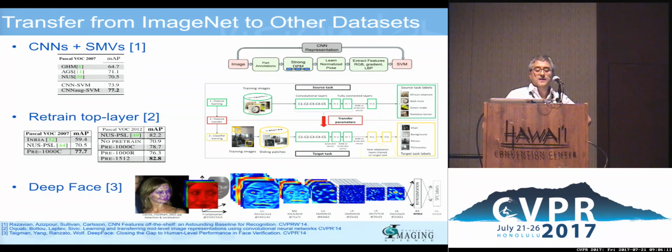So what you can see on the top left is methods for just feeding the output of a network to a traditional SVM and then training it for a different task. So that's also the case of the second method. It was also applied to different domains, like recognition of faces with the DeepFace algorithm. So at some point, we sort of figured out, okay, it's probably going to work just for classification problems.